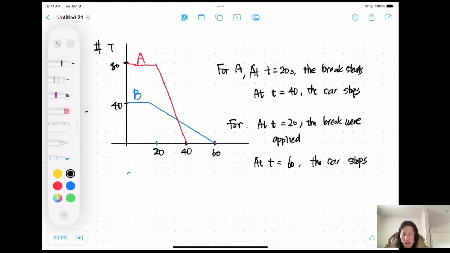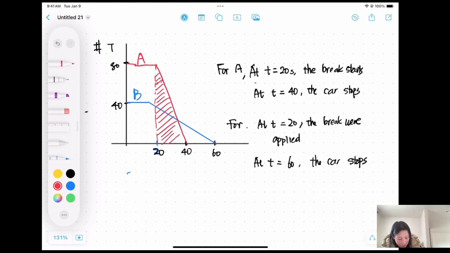Okay. Next one is from what time the brake is applied, which car travels further to the complete stop. So now we want to know which car travels further after it hits the brake. So we can find the area after the brake is applied. For A, the area is going to be the red highlighted part.